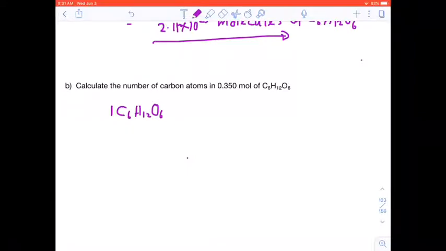Since we're dealing with moles, let's say if I have 1 mole of this, because it's 1, we don't normally write 1, but I just want to illustrate the point. 1 mole of C6H12O6 gives us 6 moles of carbon.